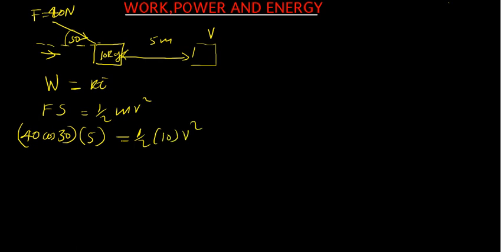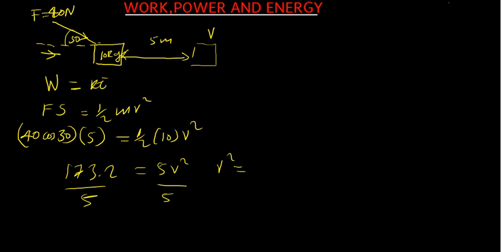So if we punch on our calculators 40 cos 30 and then multiplied by 5, that is about 173.2, and that will be equal to 5v squared. To remain with v squared, I'm going to divide both sides by 5. So that is going to give v squared being equal to 173.2 divided by 5.